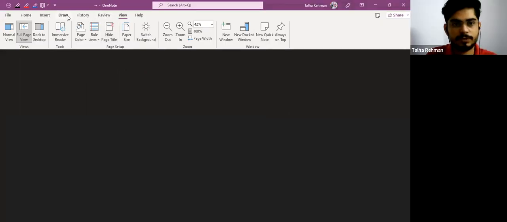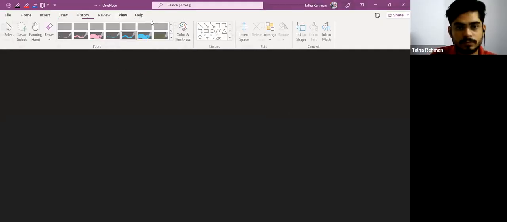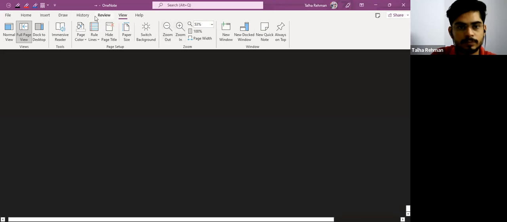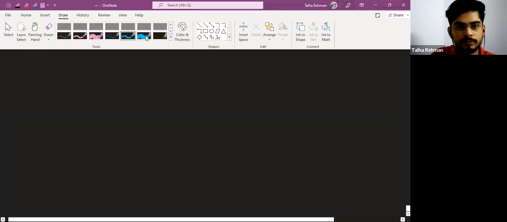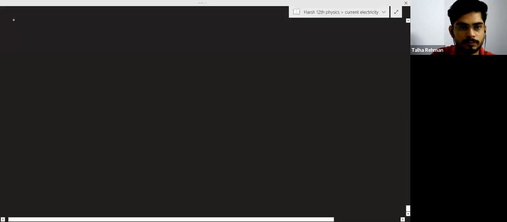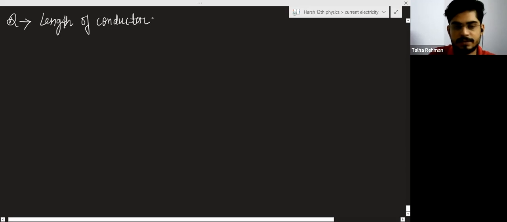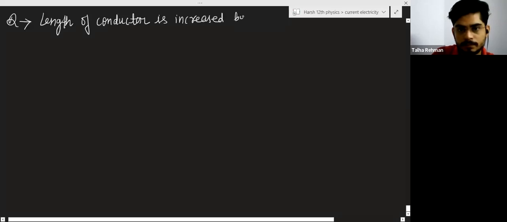We will solve one more question. The length of a conductor is increased by 10%.